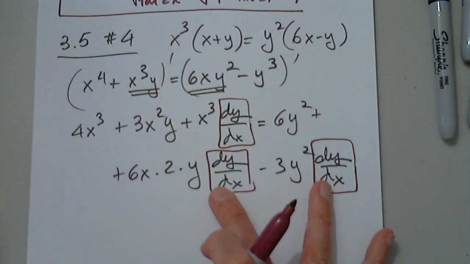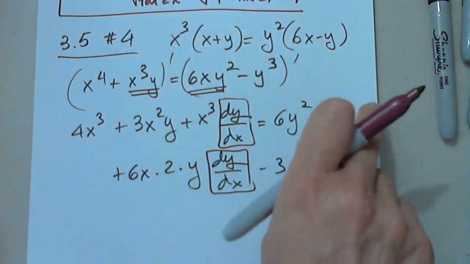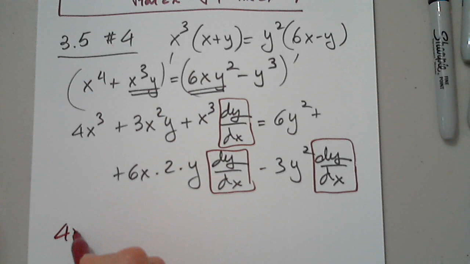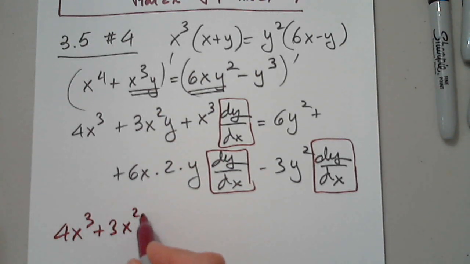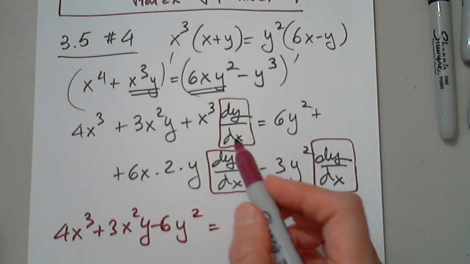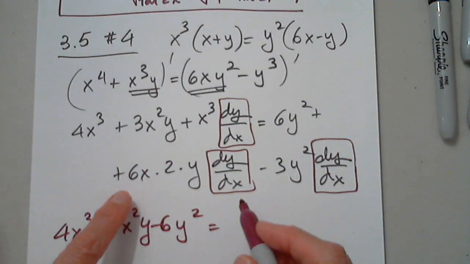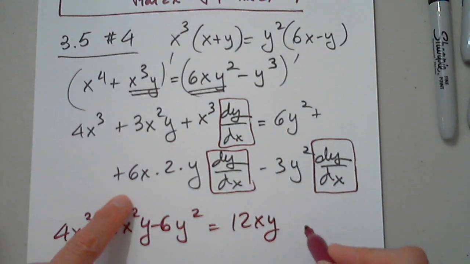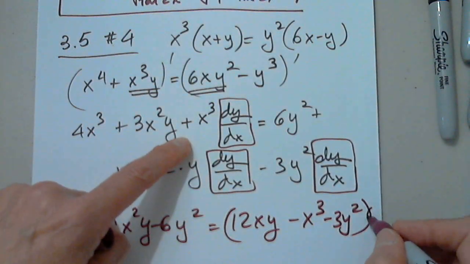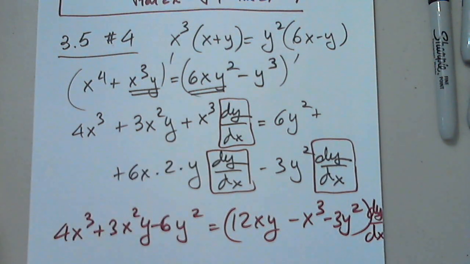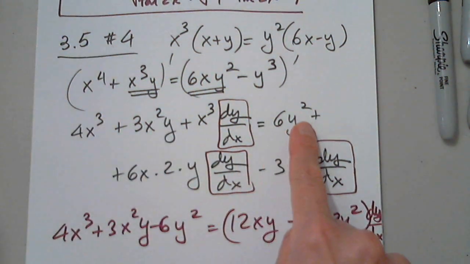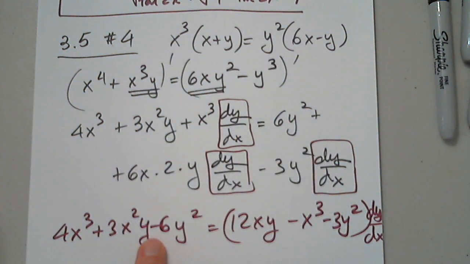So these two are here, but this one has to be brought to the other side, and this has to go to the left. So 4x cubed plus 3x squared y minus 6y squared equals, I'm going to put this one first, 12xy, but minus x cubed and minus 3y squared, and then dy over dx. So I copied these two, and I brought this one from right to left.